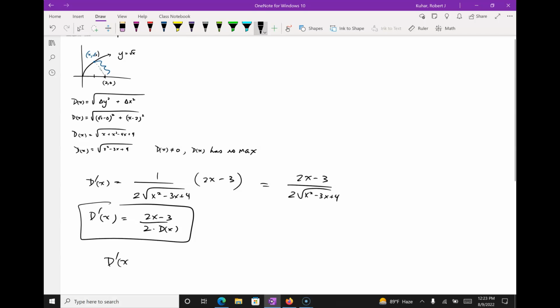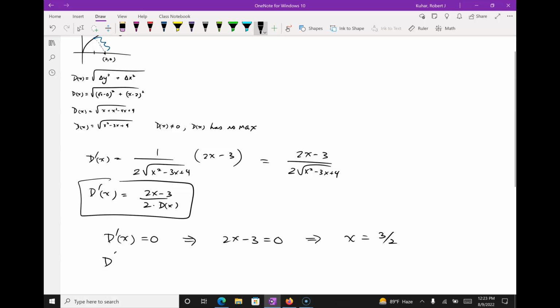So d prime of x equals 0 implies 2x minus 3 equals 0, which means x is 3/2? Of course, d prime of x does not exist when the denominator is 0, but there's no need to look, because we already know downstairs cannot be 0.